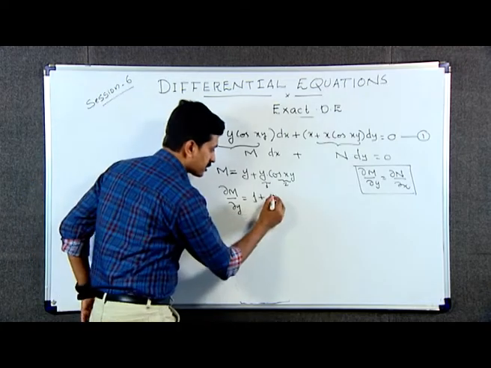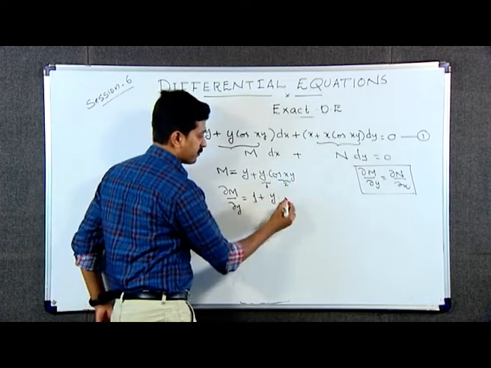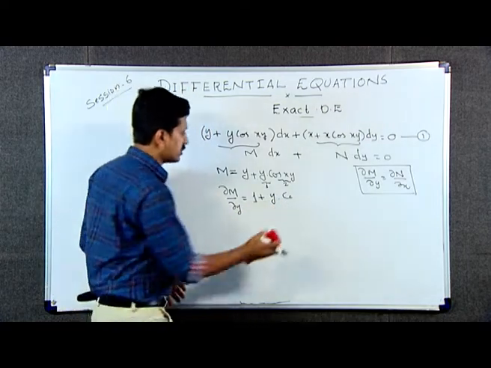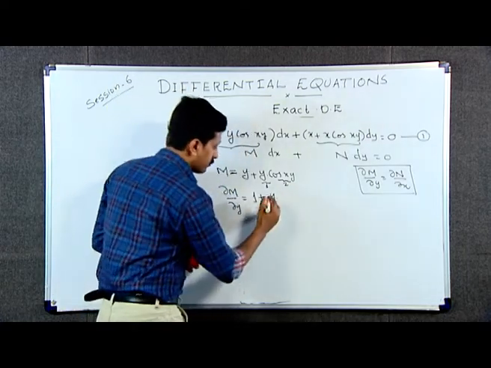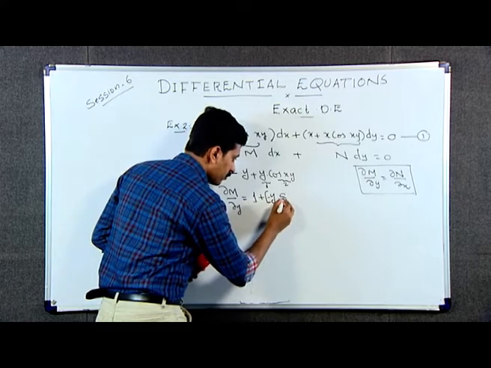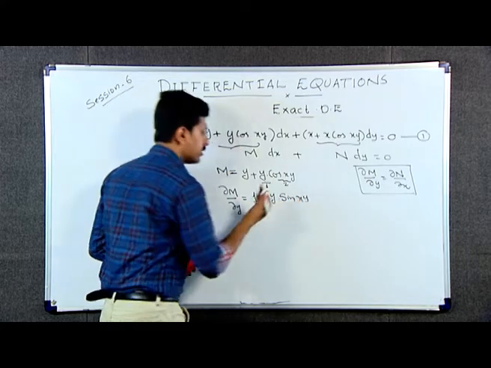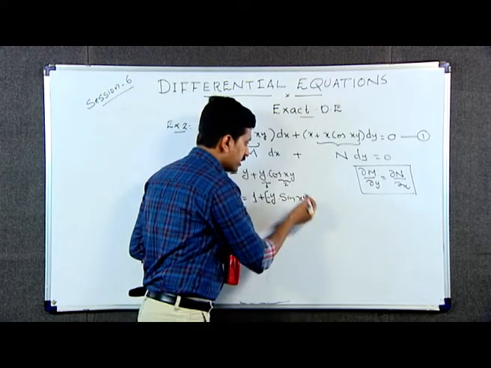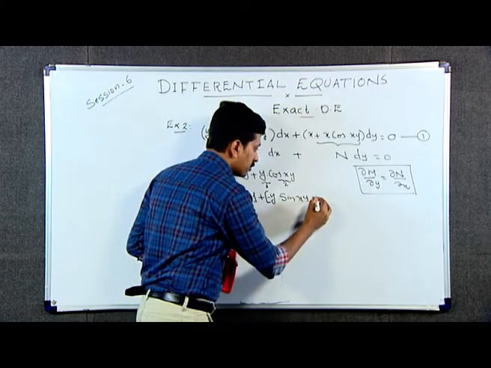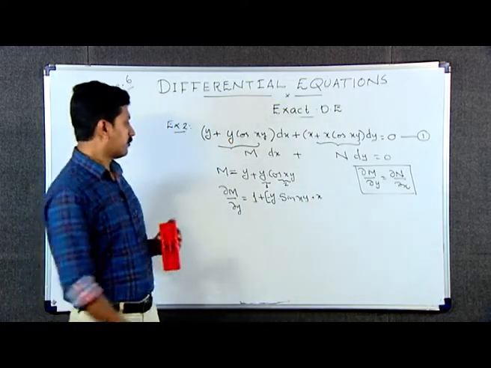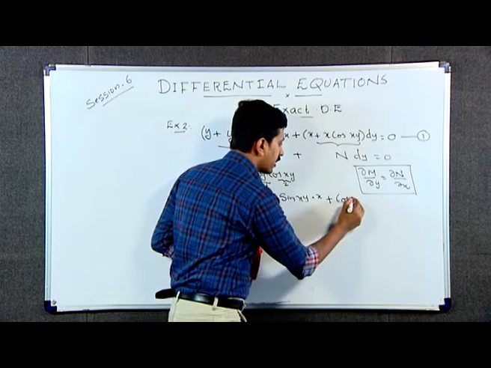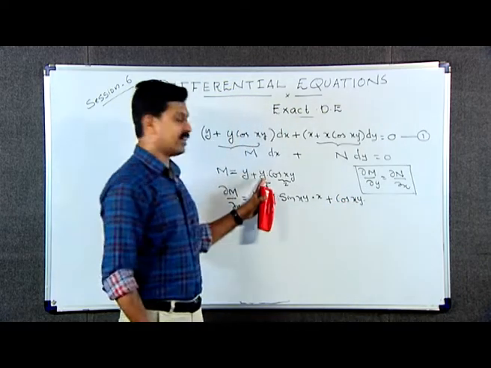So first function into the derivative of the second function: the derivative of cos is negative sine, minus y sin of xy into the derivative of xy. Since y is the variable, x is a constant, into x, plus the second function cos of xy into the derivative of y.